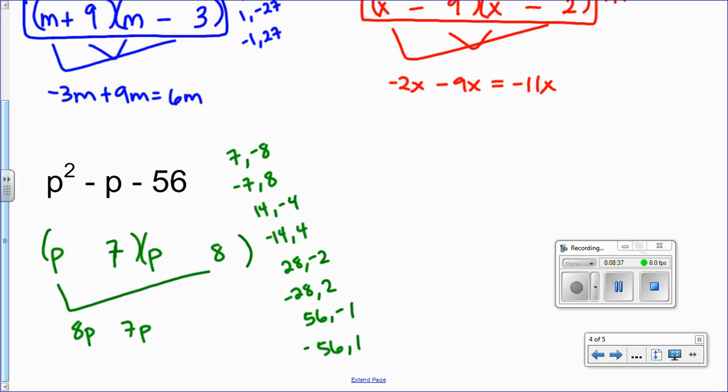But remember, one of them has to be negative. So if I make the 7 negative, then I get 1p. But I actually want negative 1p. So I need to make the 8 negative and the 7 positive. So to do that, I need a negative 8 and a positive 7.